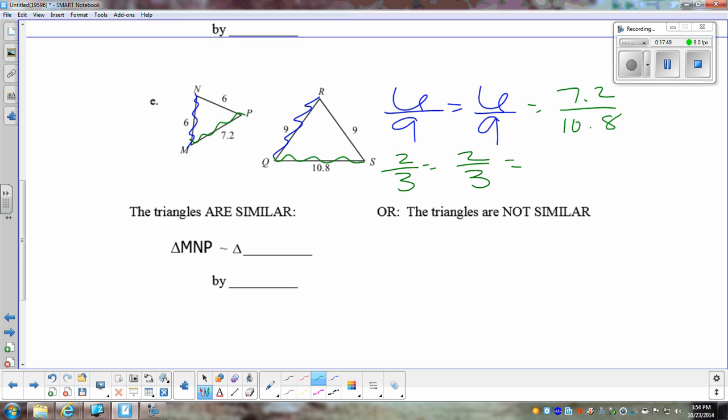So really the important one I need to check is whether 7.2 divided by 10.8 simplifies to 2/3, which it does. So these two triangles are similar by side, side, side similarity. And MNP goes to QRS.